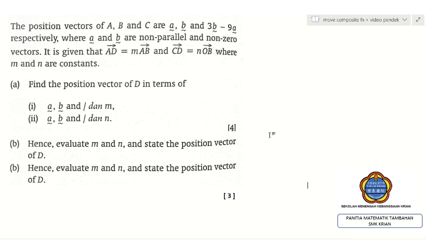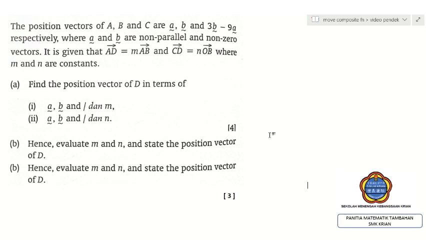It is given that AD equal to mAB and CD equal to nOB, where m and n are constants. Question A, find the position vector of D in terms of a, b and m, and in terms of a, b and n.